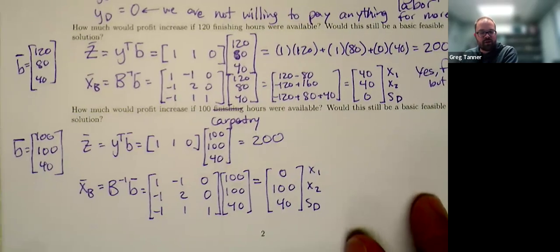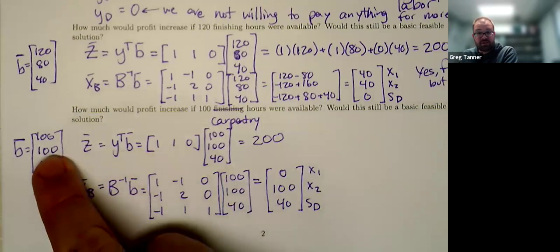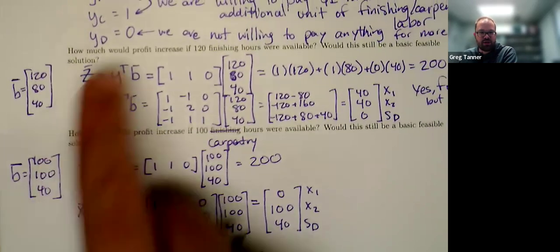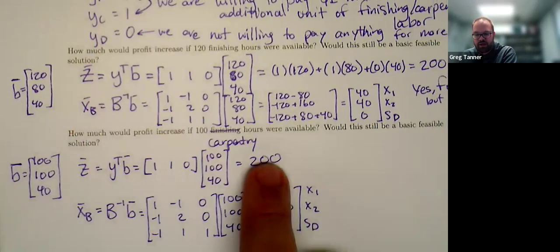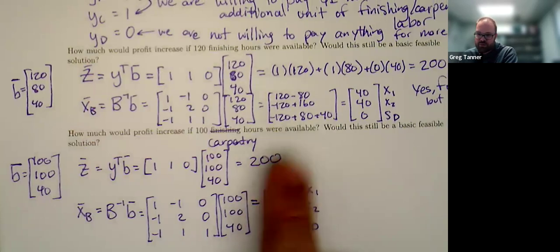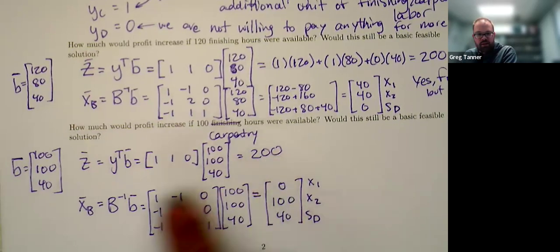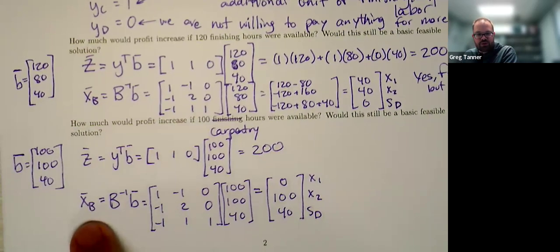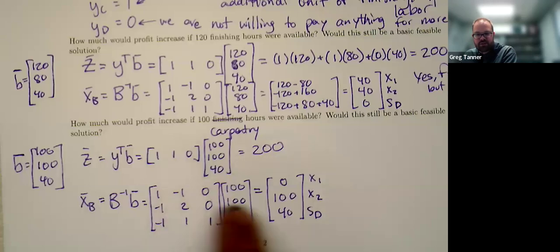Okay, here's what you should have got. So if we bump up and get 20 more units of carpentry, then because carpentry has a shadow price of 1, those 20 units of increase in carpentry will lead to an increase of 20 in the objective. So we also get 200 as our objective value here. And then our new basic solution will take B inverse times b using that same B inverse matrix.